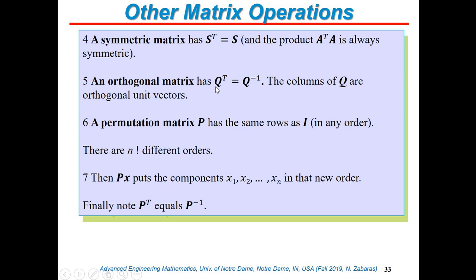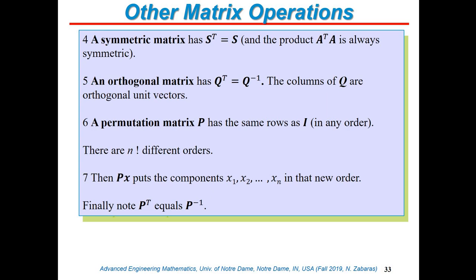And this is also a very, very special matrix because the inverse of that orthogonal matrix is actually equal to Q transpose. Okay, so a matrix with orthogonal column vectors is called an orthogonal matrix, and it has a special inverse which is equal to Q transpose. Fantastic property.